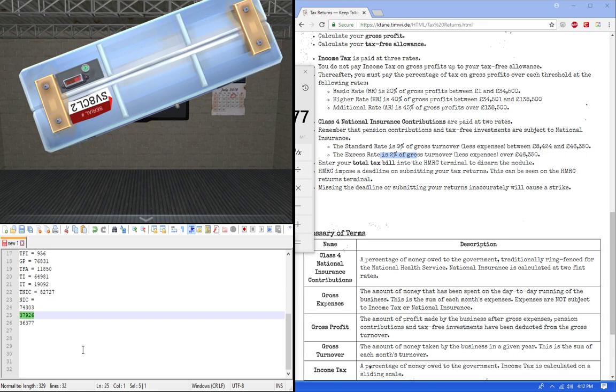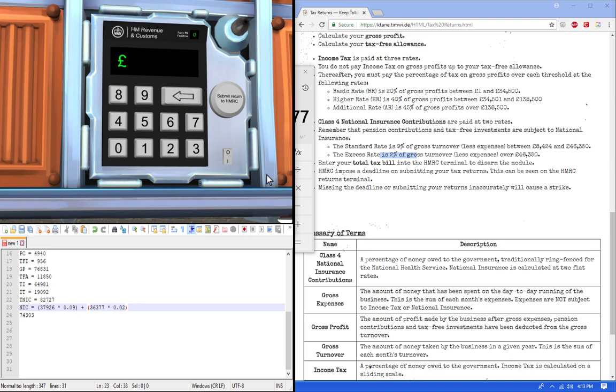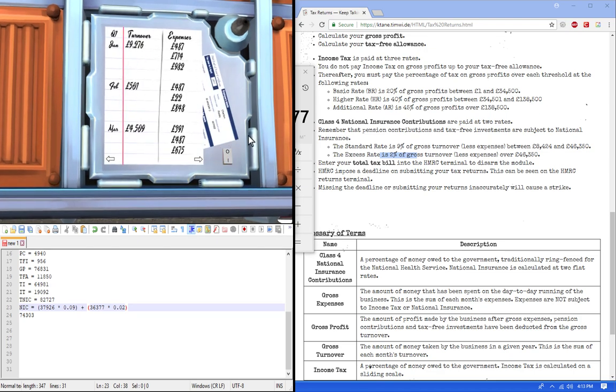So we're going to take this number, our first threshold, and multiply it by our 9%, and then we're going to add that to whatever was left, which is our 36,377, and times that by our 2%. Oh, and there goes a strike, which means we passed our deadline. And nothing else changes when we get a strike. Everything stays the same.